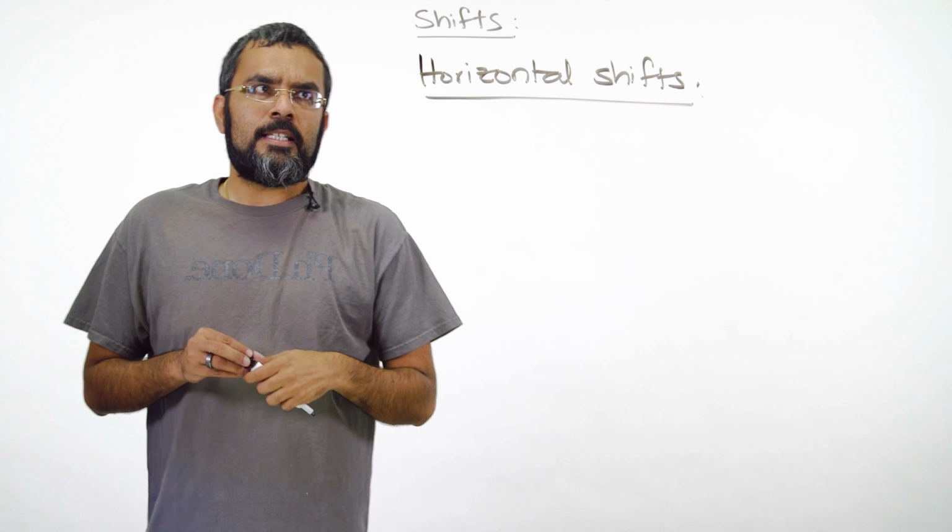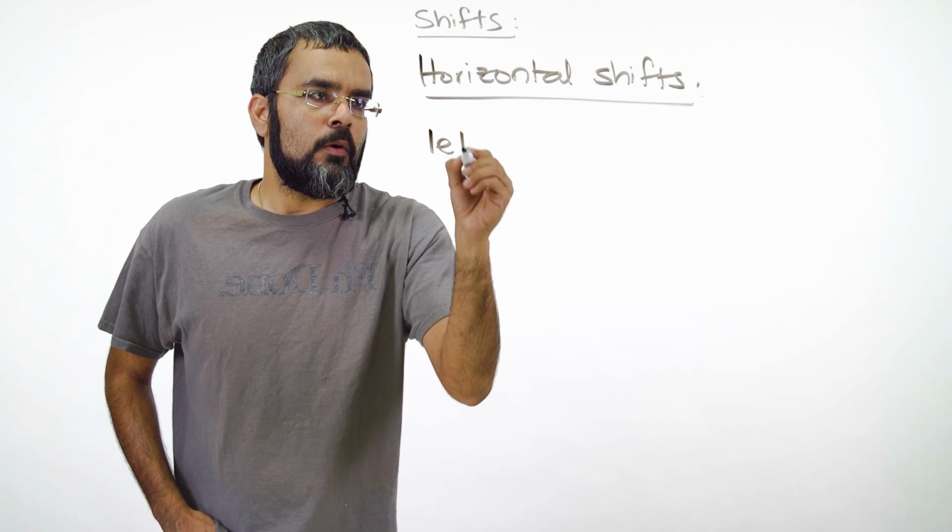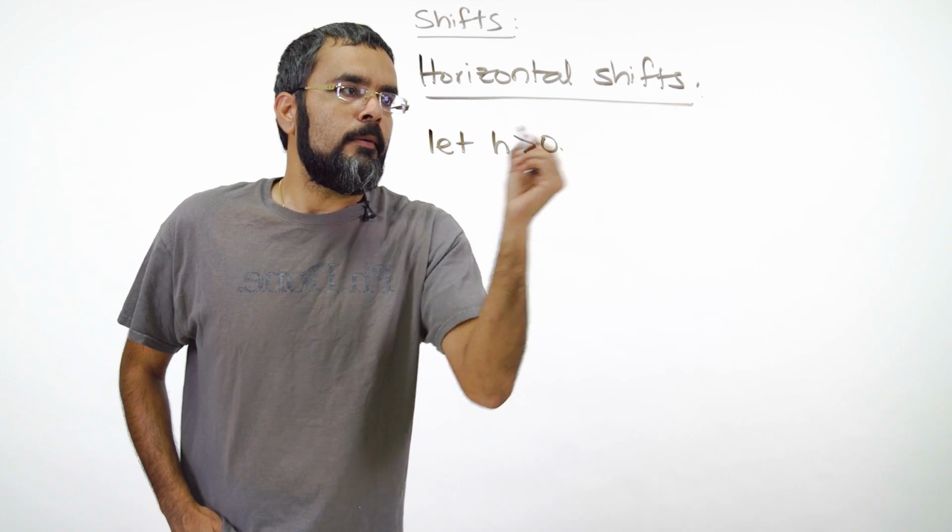Okay, so how do we detect a horizontal shift? Let h be greater than 0, or let h be some positive number.